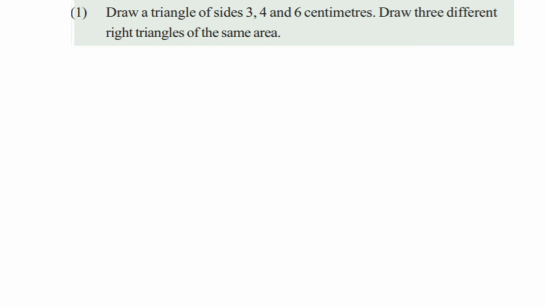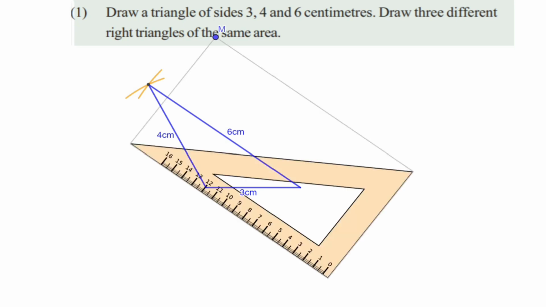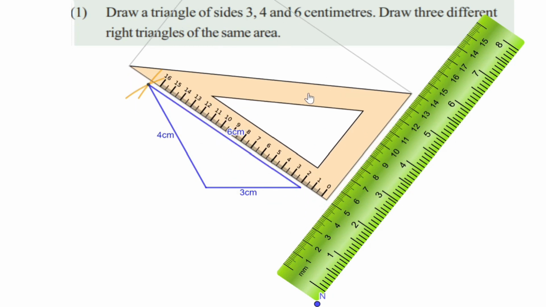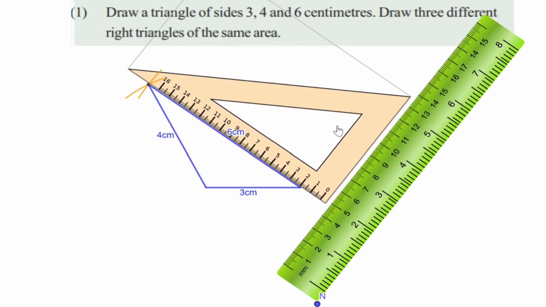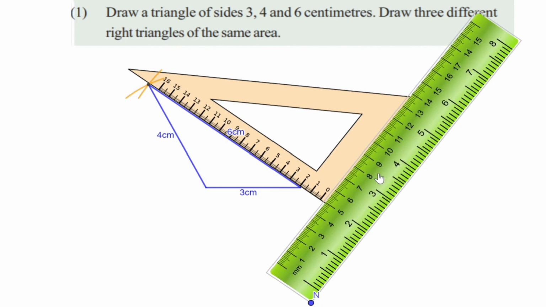Now let us draw the second right triangle. For that let us take the triangle at first, the triangle with sides 3, 4 and 6 centimeters. Now I am going to draw a right triangle with the 6 centimeter side as base. Take the set square and ruler, place it like this. Now place the ruler next to it.